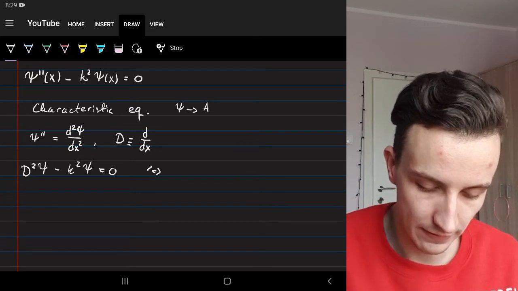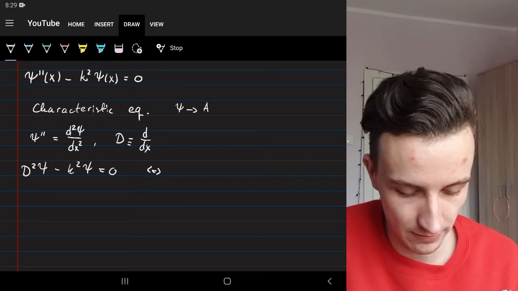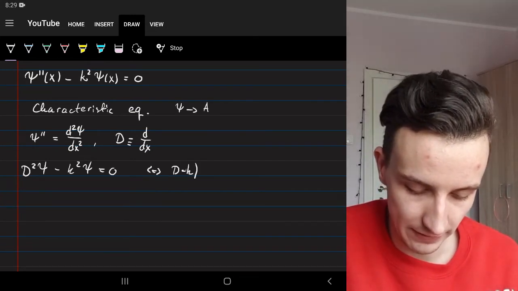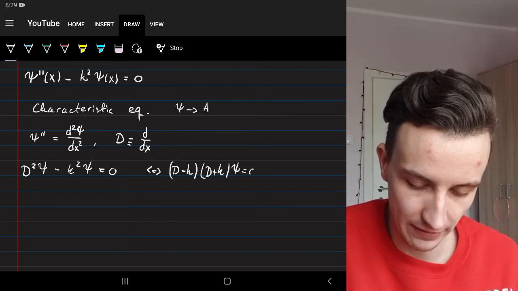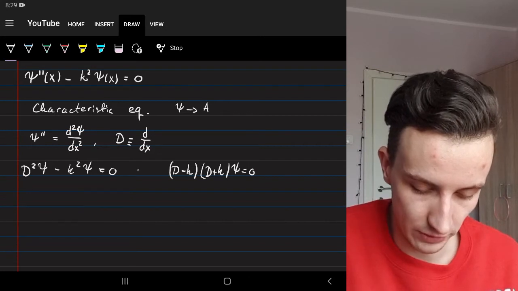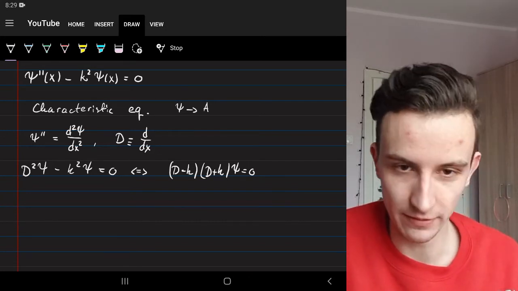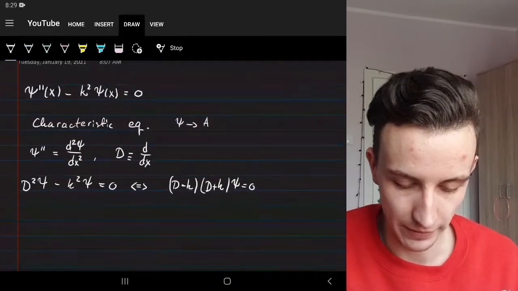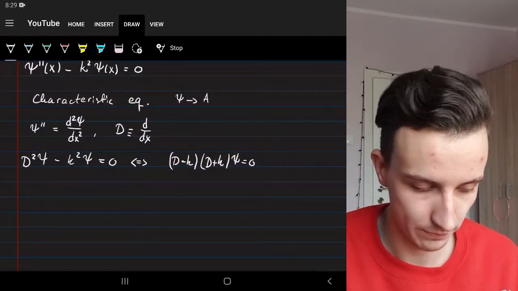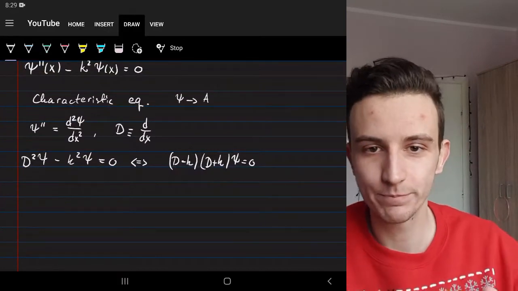Or, as we can see, that is (D minus k)(D plus k) psi equals 0. This, of course, we can do because the D operator commutes with a constant, because the derivative of a constant is 0.